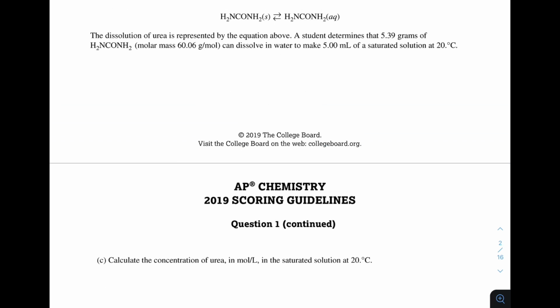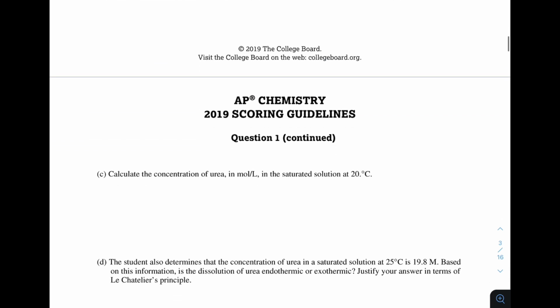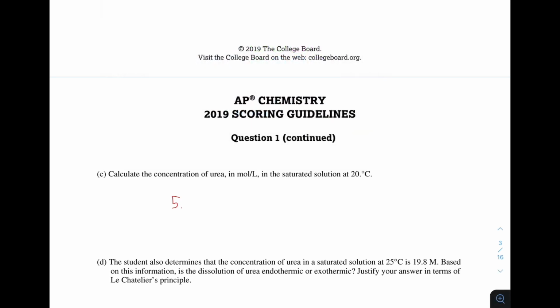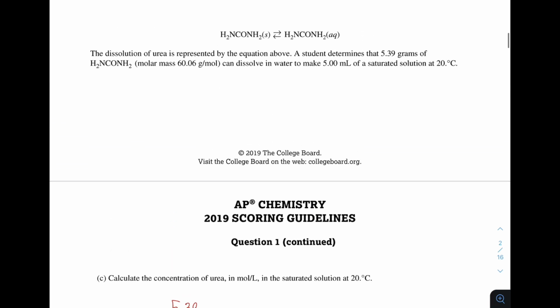So we're told that 5.39 grams is the amount of urea that's used. So we have 5.39 grams, and that is going to be first converted into moles because we're being asked for moles per liter. And we're told that the molar mass of urea is 60.06 grams per mole.